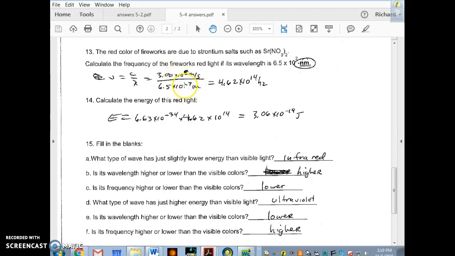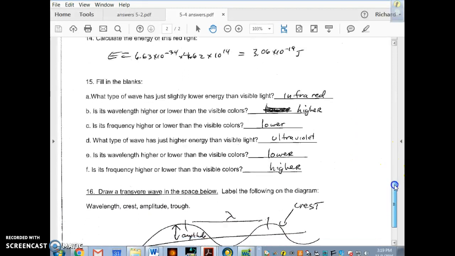So now this divided by this came up 4.6 times 10 to the 14th. Multiply those two together, I got 3.06 times 10 to the negative 19th joules. And Grace, yeah, 3.1 times 10 to the negative 19th. Because this only had 2 sig figs, I agree. So 3.1 times 10 to the negative 19th would have been correct.